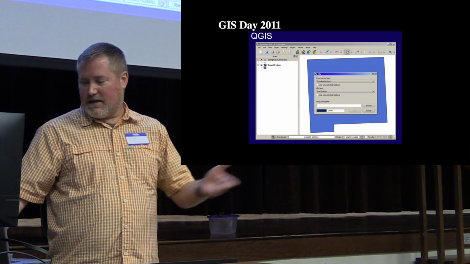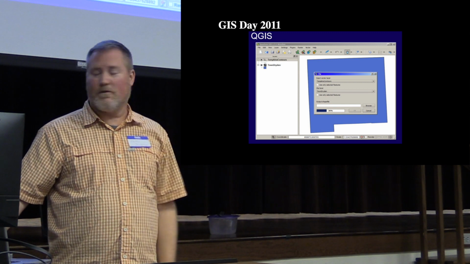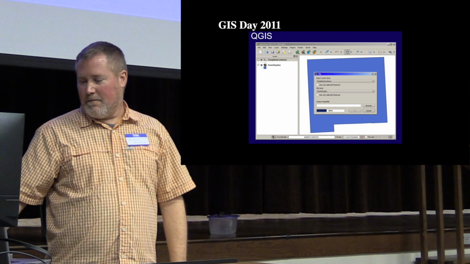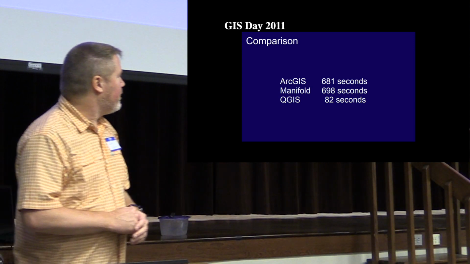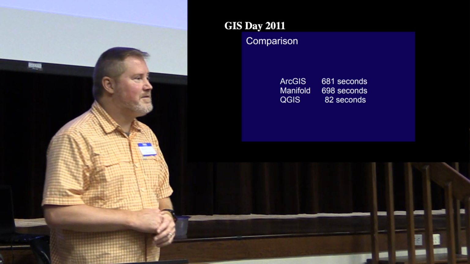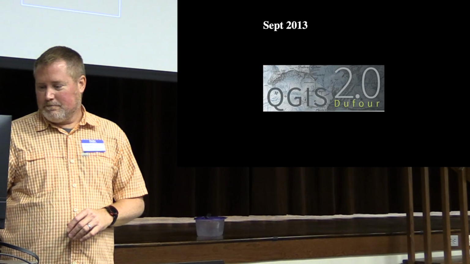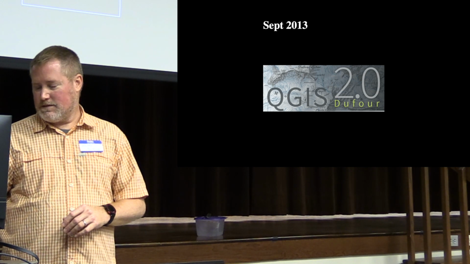As I said, I was clipping a lot of contour data. These were 2-meter contours, so really detailed line work. And this was the comparison that I came up with. QGIS at the time was like 8 times faster. So it's like, wow, should take a closer look at this.